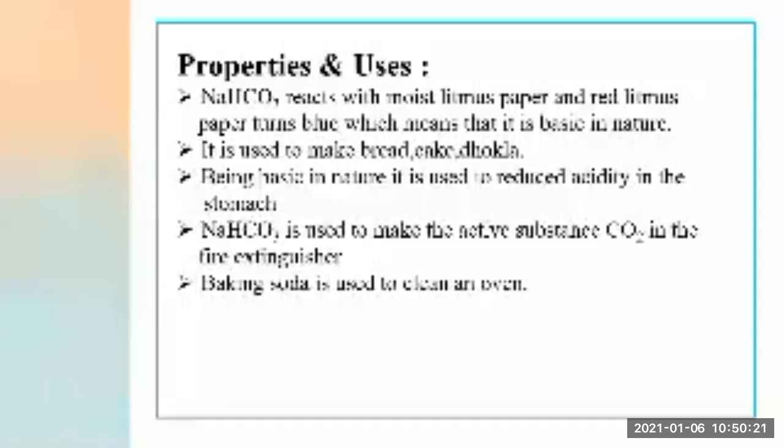When both react, which gas is released? CO2 gas is released, right? So in this fire extinguisher, CO2 gas is released with the help of NaHCO3, that is nothing but sodium hydrogen carbonate or sodium bicarbonate. Okay, students, so this plays a very important role in a fire extinguisher.